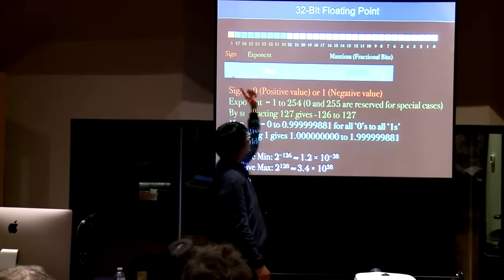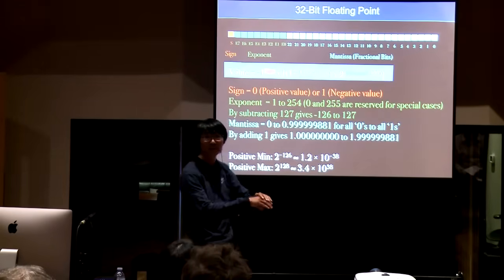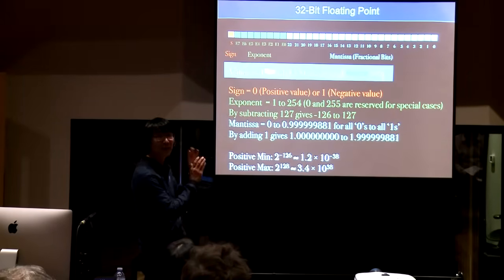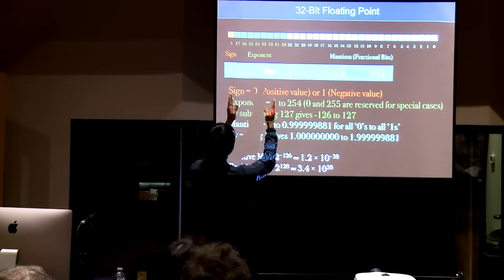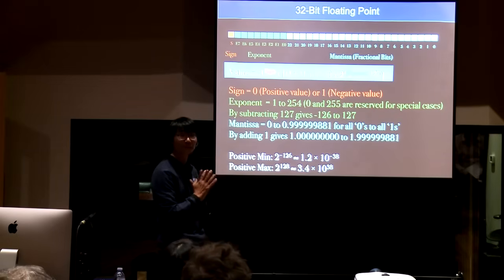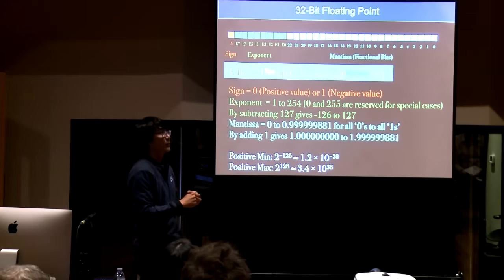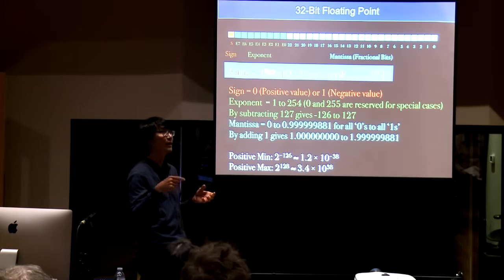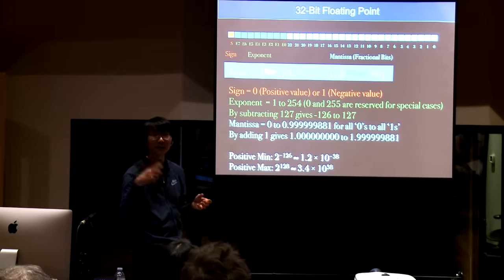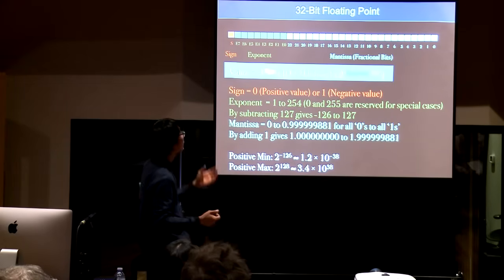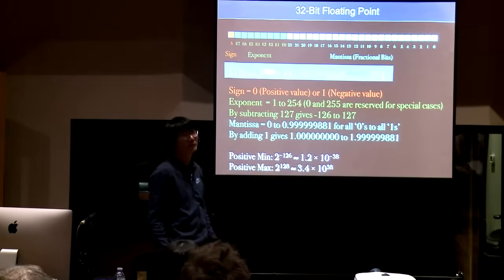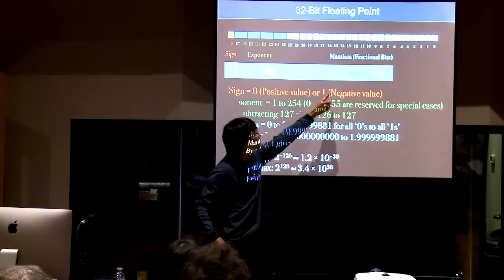Instead of all 31 bits representing binary bits, it steals 8 bits, reserved to be the exponent. Exponent meaning, if you have a number times 10 to the power of x, then x is the exponent. But of course, this is binary, so it will be 2 to the exponent.